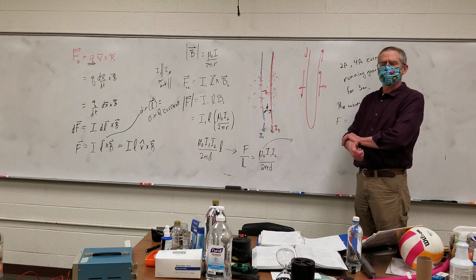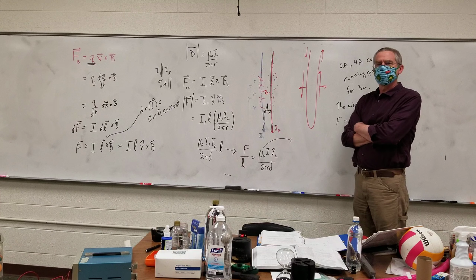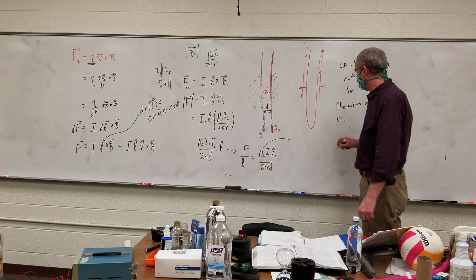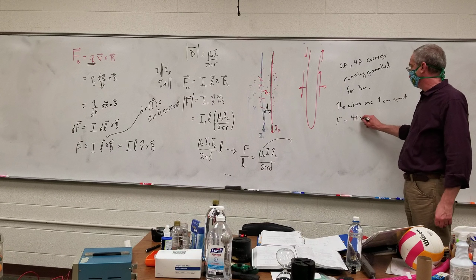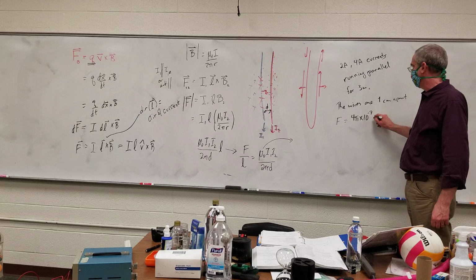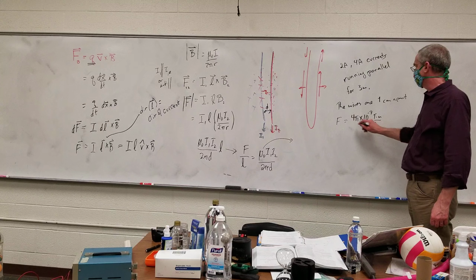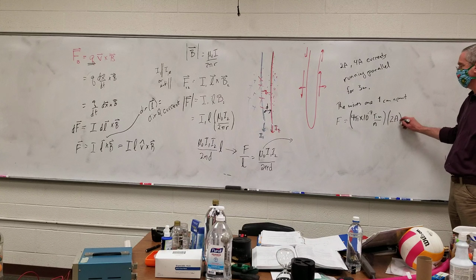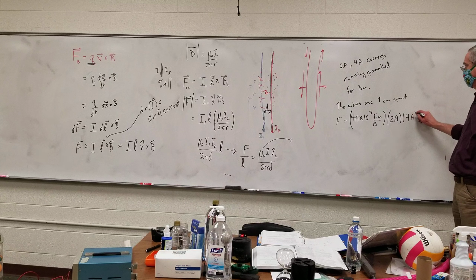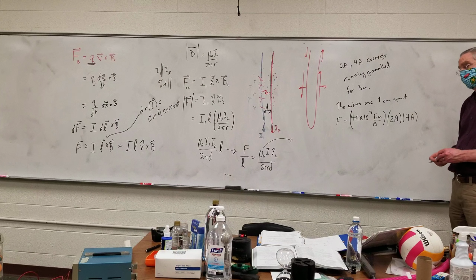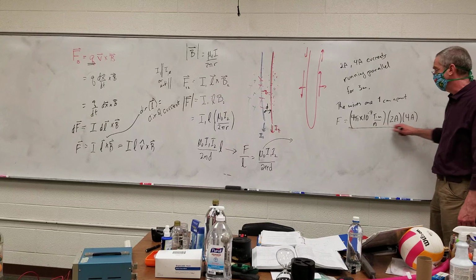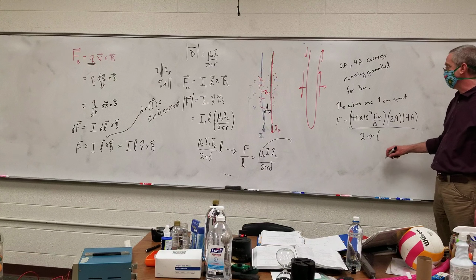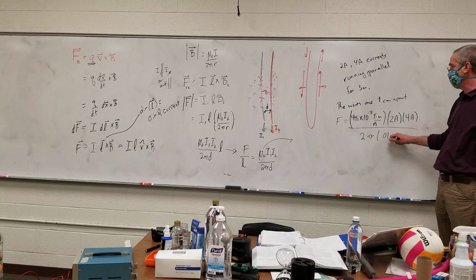Well, I guess pi is an exact number. 4 pi times 10 to the negative 7. That's the one. So this is 4 pi times 10 to the negative 7 tesla meters per ampere times I1, which is 2 amps, times I2, which is 4 amps, divided by 2 pi times the distance between them, 0.01 meters.